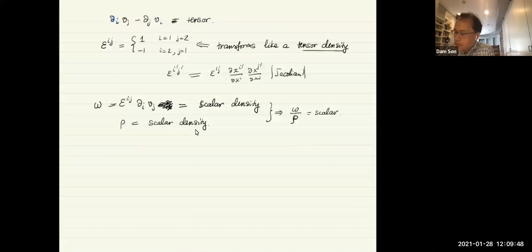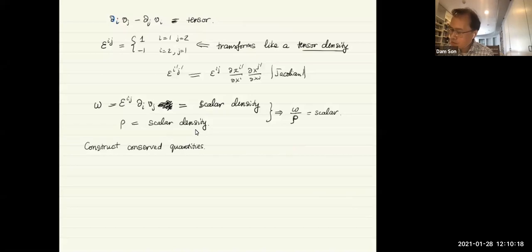Okay, why is it important? I would like to construct conserved quantities, things that would be preserved under coordinate transformation.